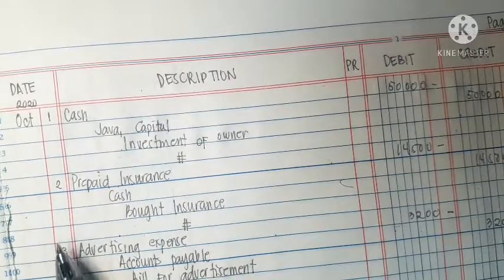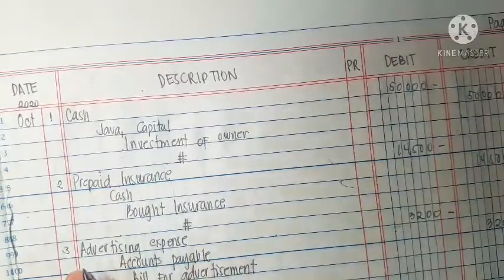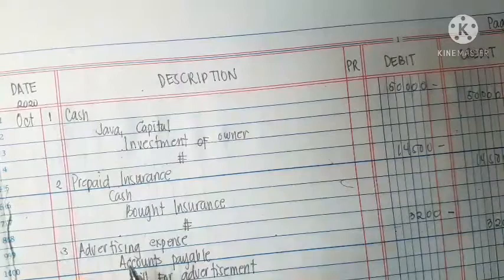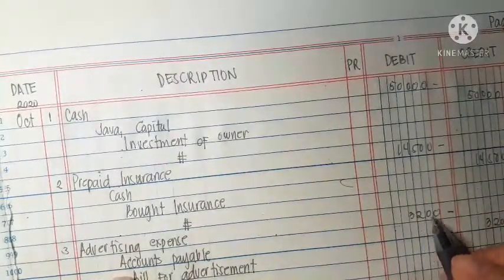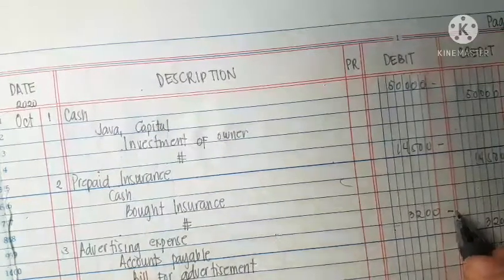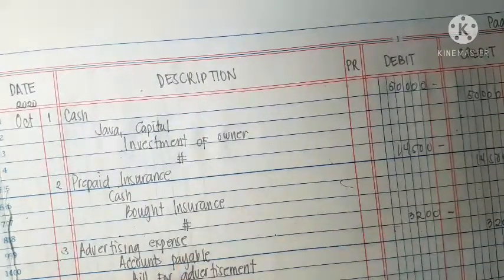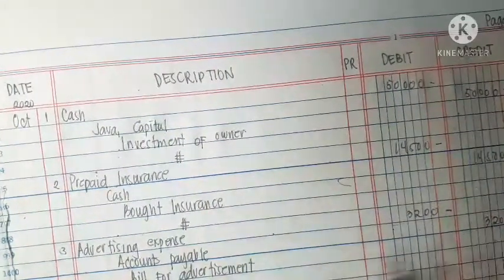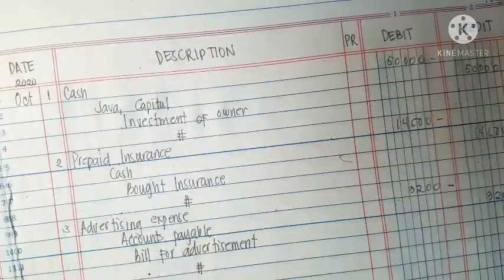On October 3, 2020, there is a decrease in equity, particularly advertising expense. So we debit advertising expense for 3,200, and there is a corresponding increase in liabilities, particularly accounts payable. So we credit accounts payable for 3,200. Explanation: bill for advertisement.